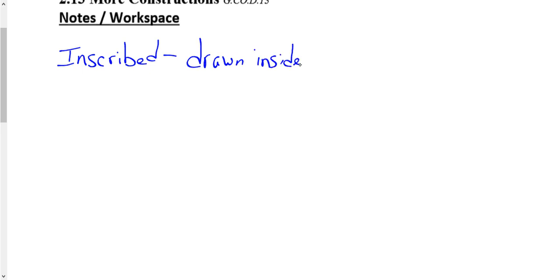If we're going to inscribe one figure inside another one, let me define what that is. Inscribed means the figure is drawn, or even constructed, inside another figure.